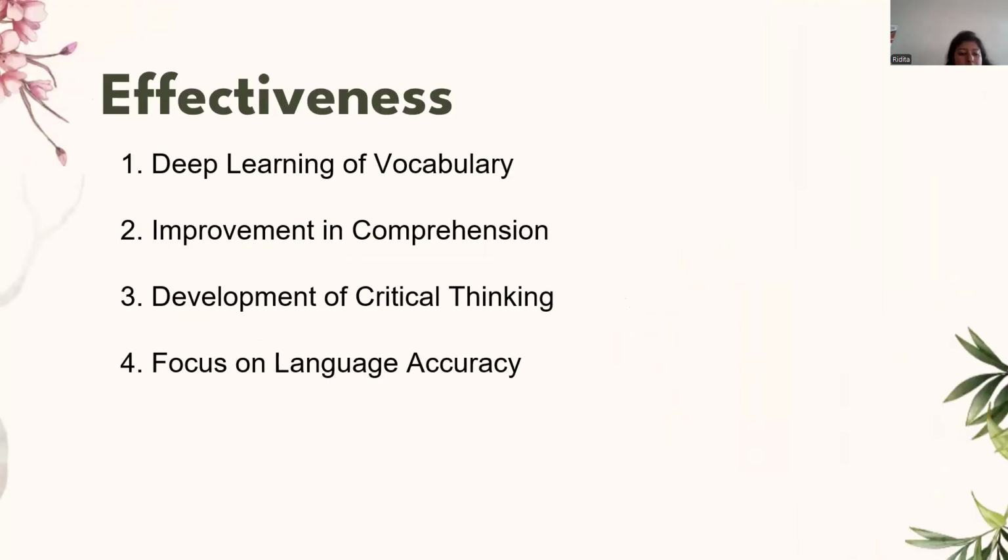Deep learning of vocabulary encourages the acquisition of both active and passive vocabulary through repetition and in context. It is important in comprehension, focusing on detailed understanding in reading comprehension, grammar, vocabulary, pronunciation, and many more things.